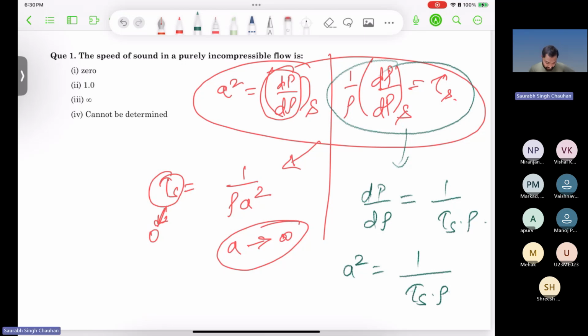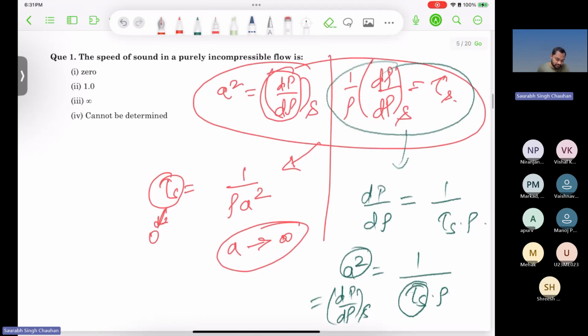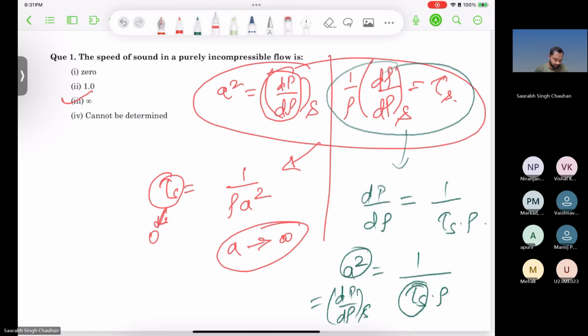Because a square is equal to dp by d rho at constant entropy, isentropically. So if Ts is equal to 0, then A should be infinity. So the correct option is the third option, infinity.